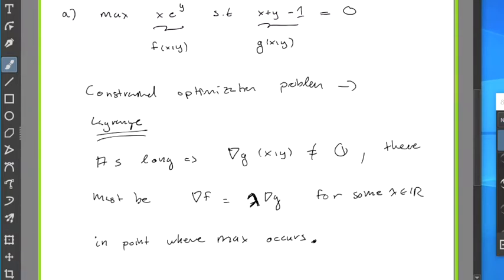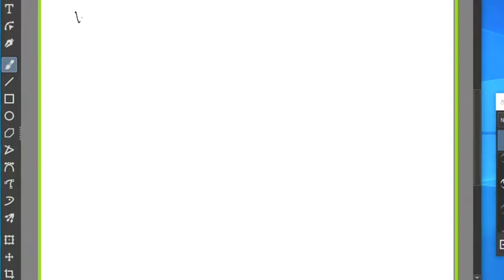Okay, so then let's first real quick check that the gradient does not vanish anywhere on the set of feasible points. So when we calculate the gradient of x plus y minus 1, we get a 1 for the x derivative and a 1 for the y derivative.